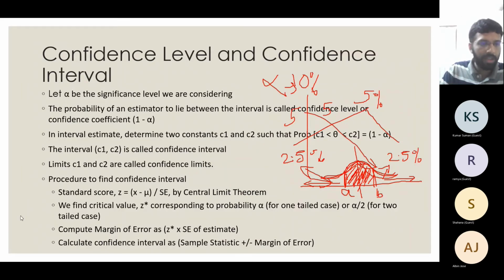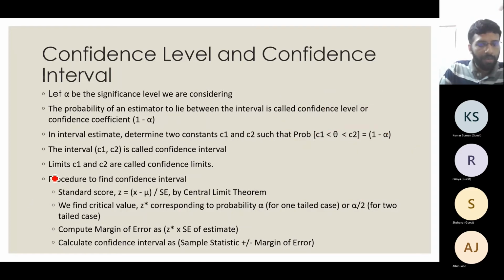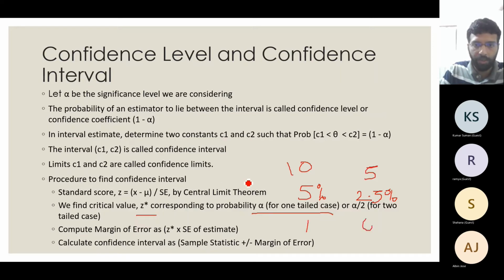So summarizing all, we first have to find the critical value z star corresponding to probability alpha for a one-tail test, that is 5%, or alpha by 2, 2.5%, for two-tail. Now suppose it is given 10, then correspond to 10 and 5. Suppose it is given 1, then correspond to 1 and 0.5. So that way we first have to find the critical value z star.